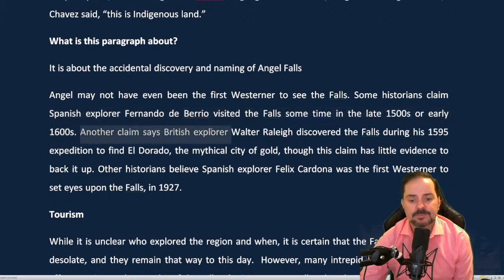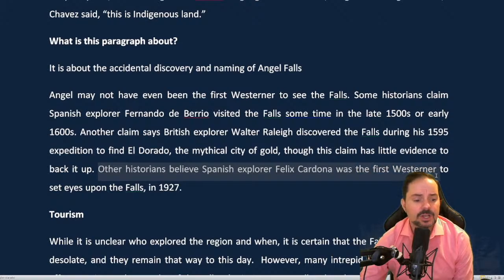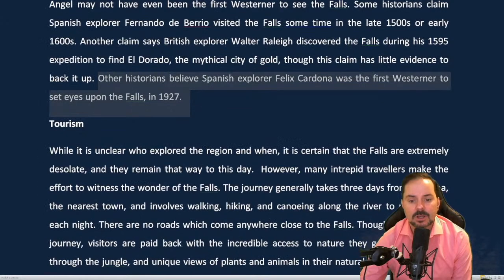Another claim says British explorer Walter Raleigh discovered the falls during his 1595 expedition to find El Dorado, the mythical city of gold, though this claim has little evidence to back it up. Other historians believe Spanish explorer Felix Cardona was the first Westerner to set eyes upon the falls in 1927.